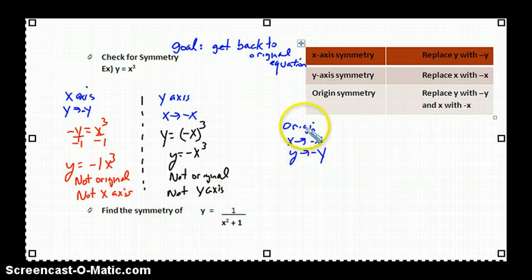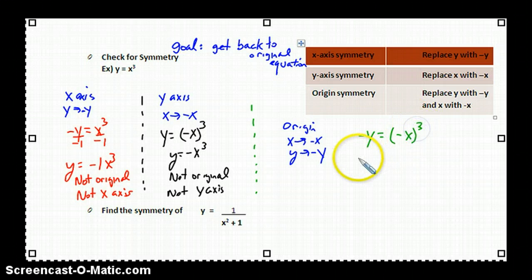So by default, it should work out as being symmetrical along the origin if this graph is symmetrical at all. So you still have to do the check because you don't know for sure that it is symmetrical along that origin or not. So now what I'm going to do is replace both the x's and the y's with negative x's and y's. So it's going to be negative y, and then replace the x with a negative x and cube it.